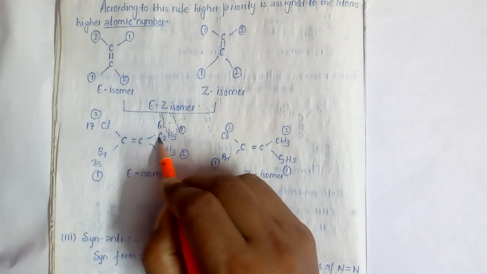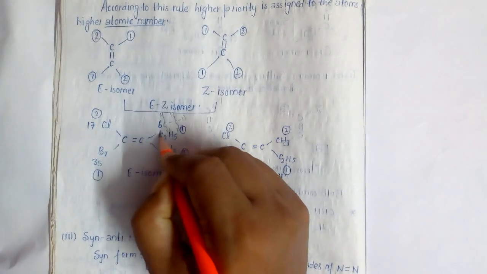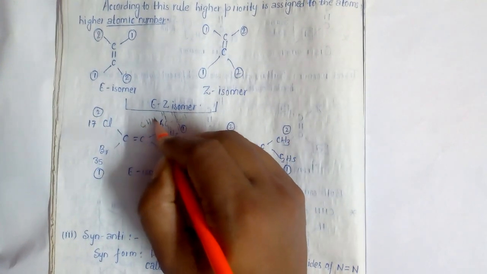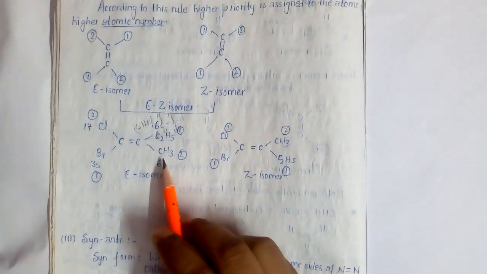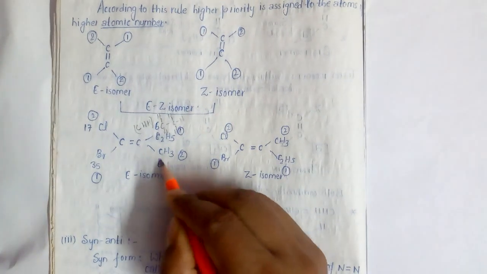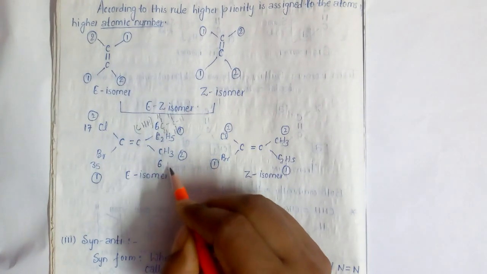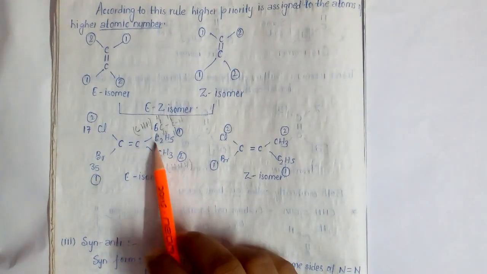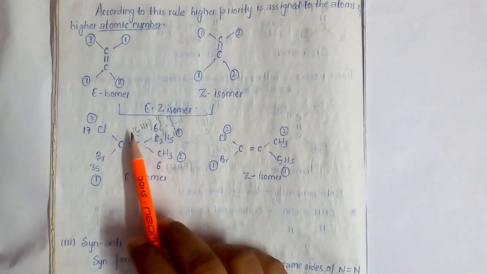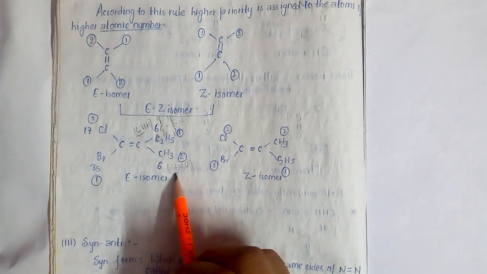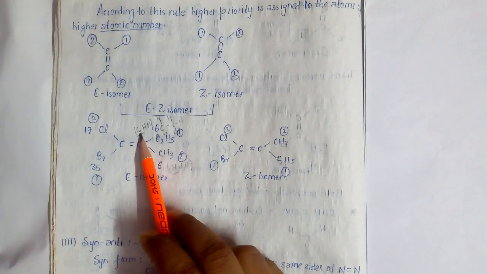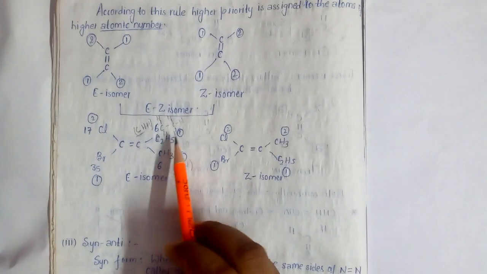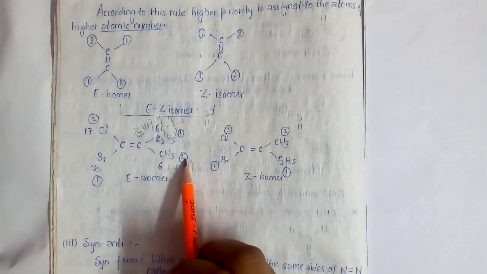This carbon atom is attached with another carbon atom and two hydrogens, so this is C, H, H. But CH3 has after the carbon atom only 3 hydrogens, H, H, H. Now we compare after the common carbon atom: in one case carbon, in the other hydrogen, and carbon has higher atomic number than hydrogen. So C2H5 gets first position and CH3 the second position.